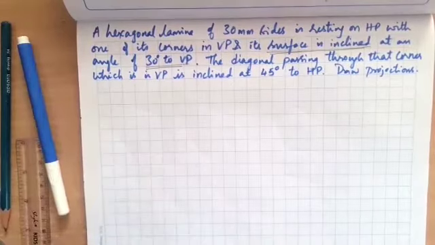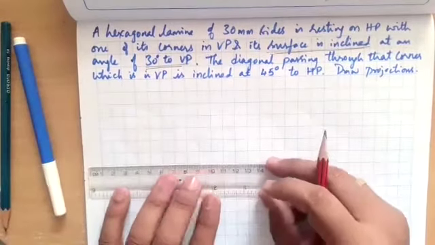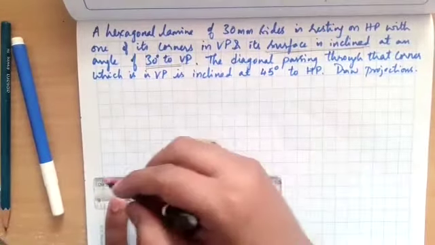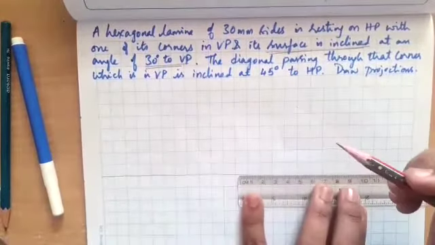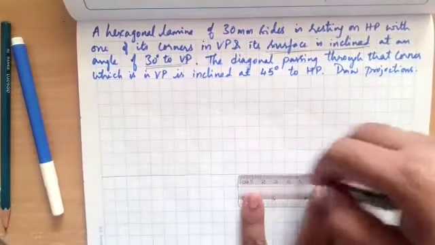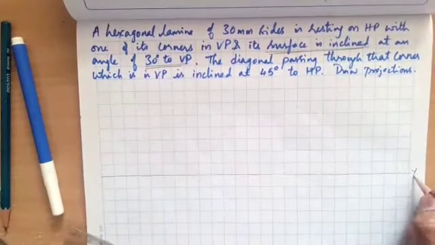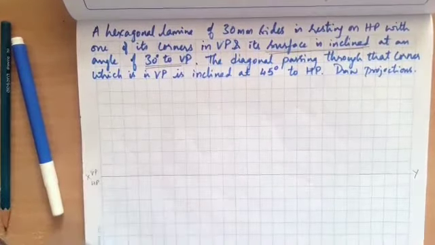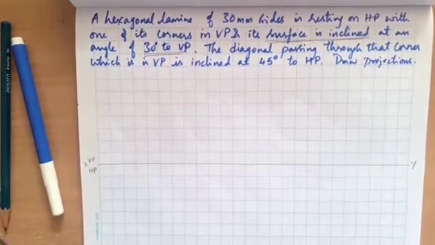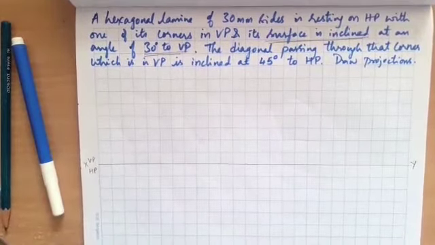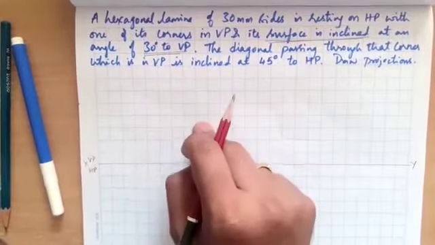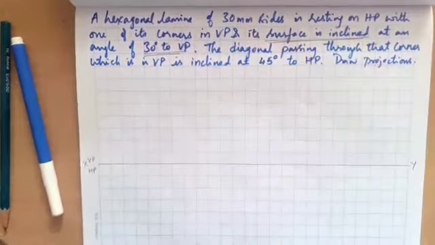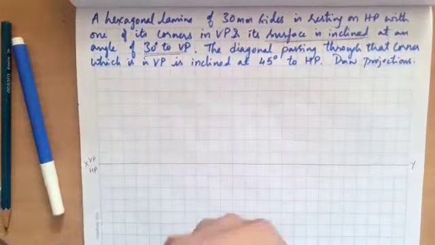Then how to draw the true condition is very, very important. And then solve the problem accordingly. So true shape will be same. True shape can be drawn in vertical plane and horizontal plane for different problems and different conditions also.